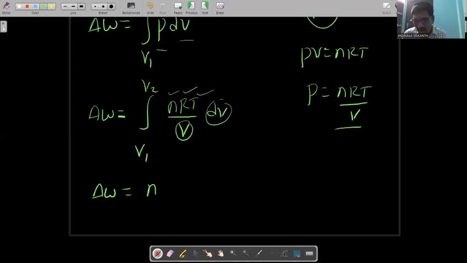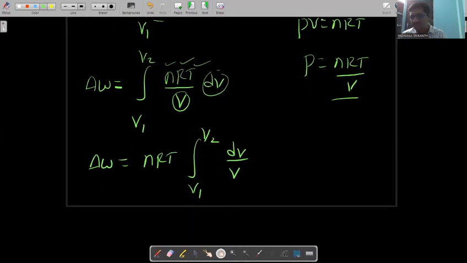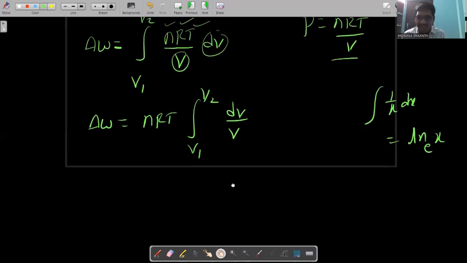Therefore, I can bring all these three, nRT, outside, and write the integral from V1 to V2 of dV by V. What is the integration of 1 by x dx? It is ln x, log to the base e. In the same way, integrating dV by V, I can write this as nRT ln V.